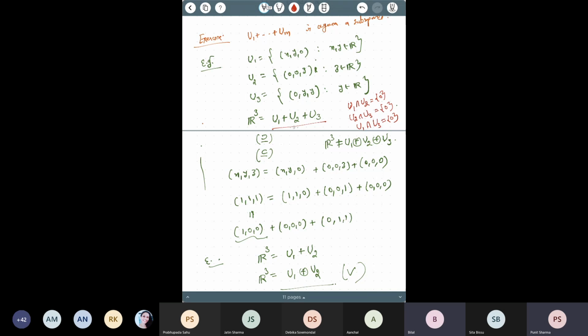So now you look at here. Here we have an example where the intersection of any two subspaces is 0. The intersection of all of them is also 0, but still it is not a direct sum. It is a sum, but not a direct sum. Sir, the y axis belongs to both U1 and U3.